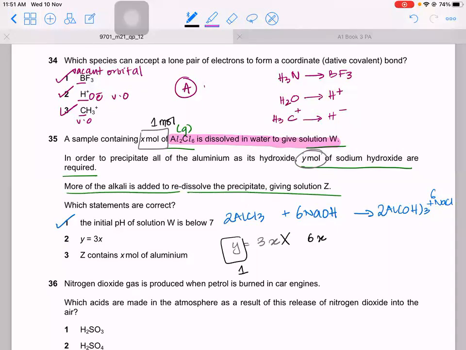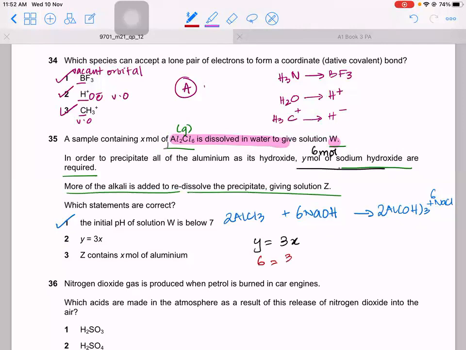Because Y is the moles of sodium hydroxide required. How many moles of sodium hydroxide are required here? 6. Now, they are saying this 6 is equal to 3 times X. What was X? X is the moles of Al2Cl6.